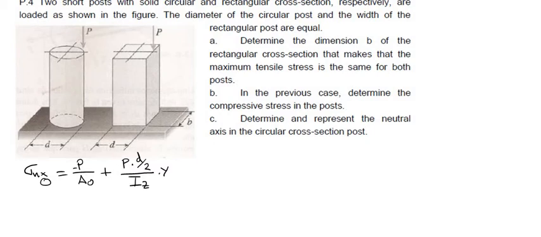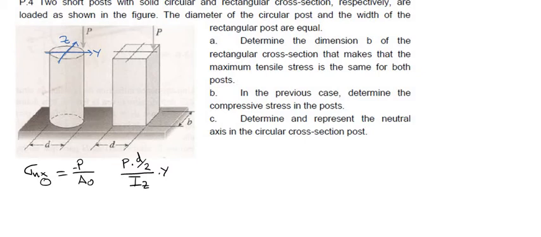In this case we have here the y-axis, and this is going to be the z-axis. So we assume that we have this distance to z, D divided by 2. We have compression in positive y here, so this sign should be minus.